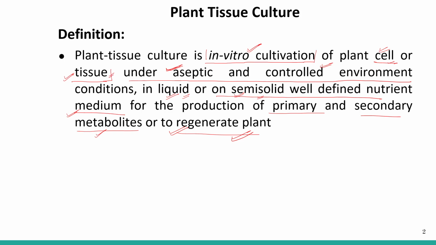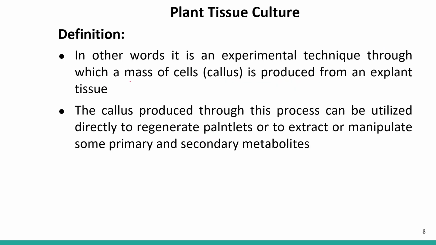So this is plant tissue culture. In other words, it is an experimental technique through which a mass of cells, callus, is produced from an explant tissue. What is explant tissue and what is callus? Let us first understand this.